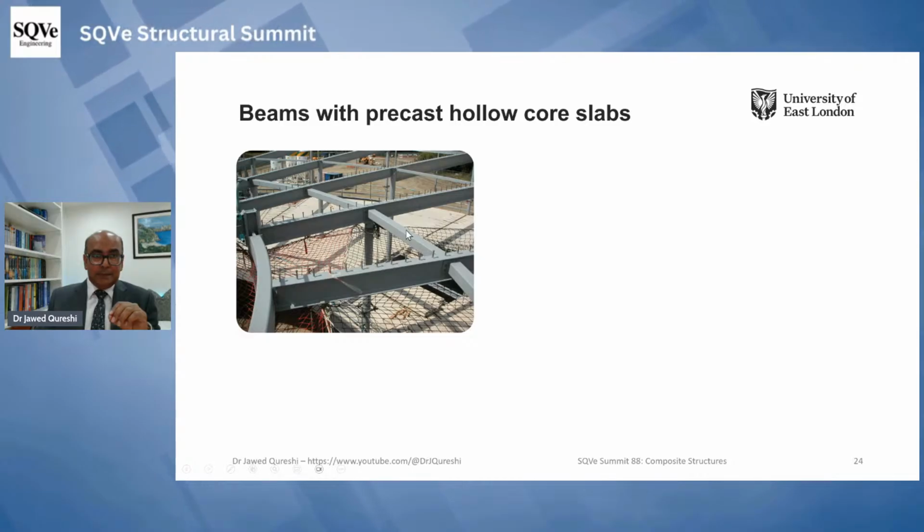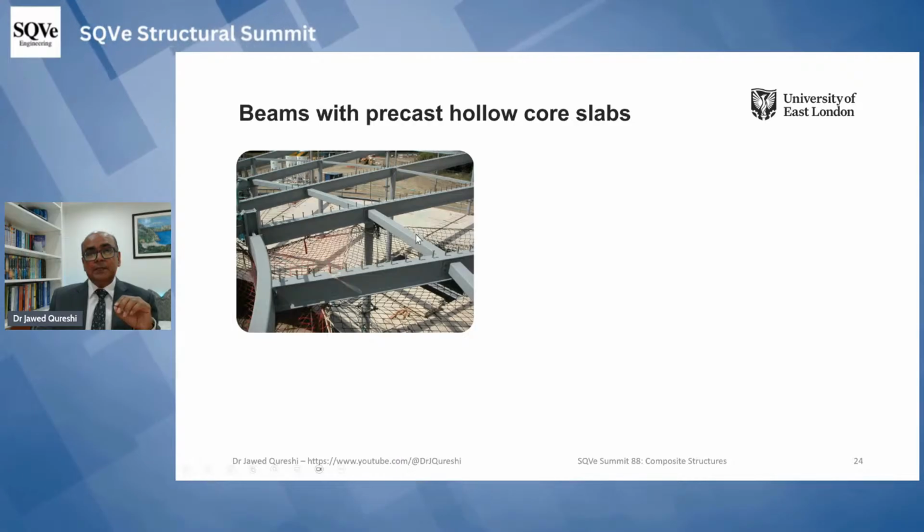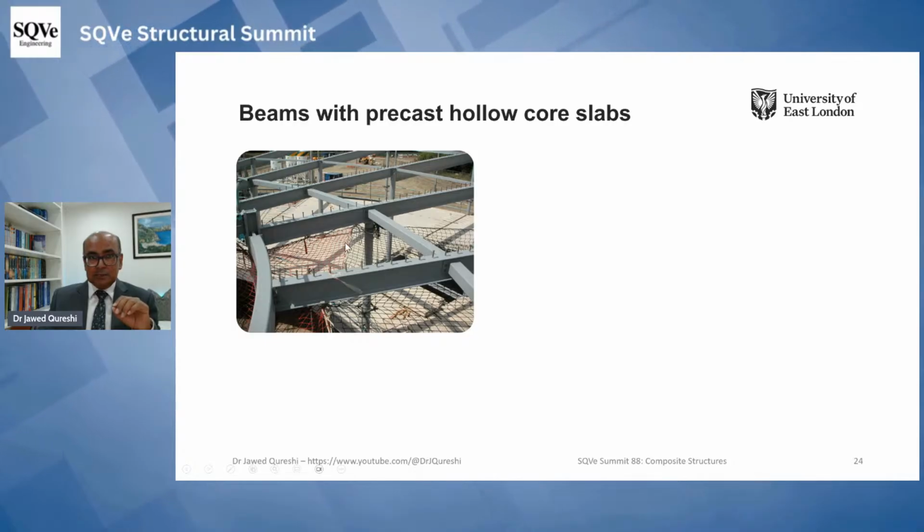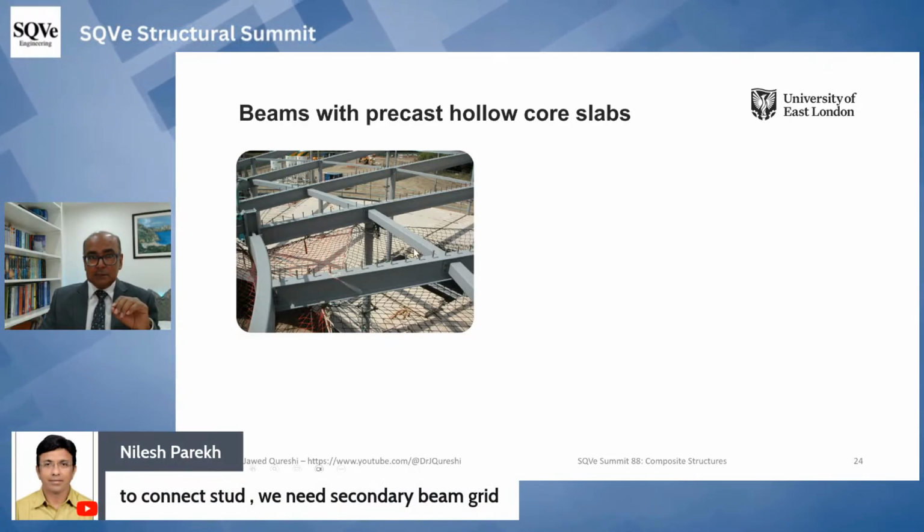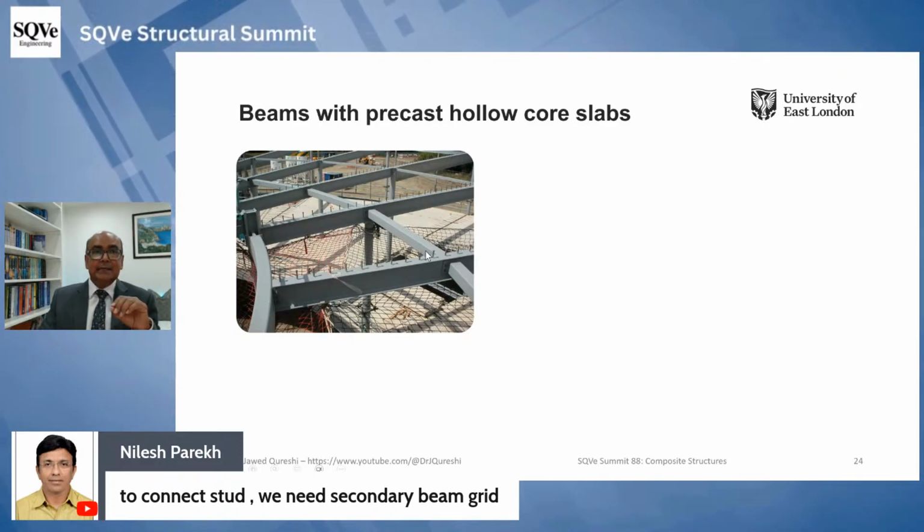And note one thing here, that there aren't any studs on this tubular section, which you can see over here, which means that in the case of hollow core slabs, we just use main beams which are oriented in this direction, in the direction of shear studs, and transverse to the direction of this beam. So we call this beam the main beam, and we call this rectangular hollow section a tie beam.